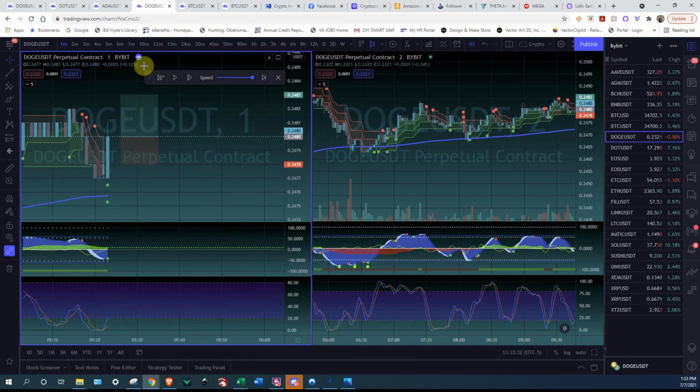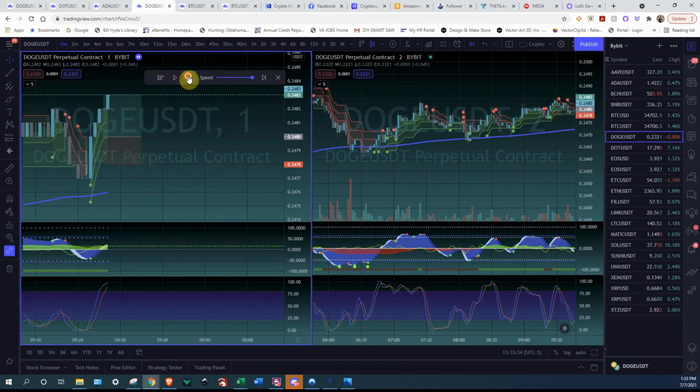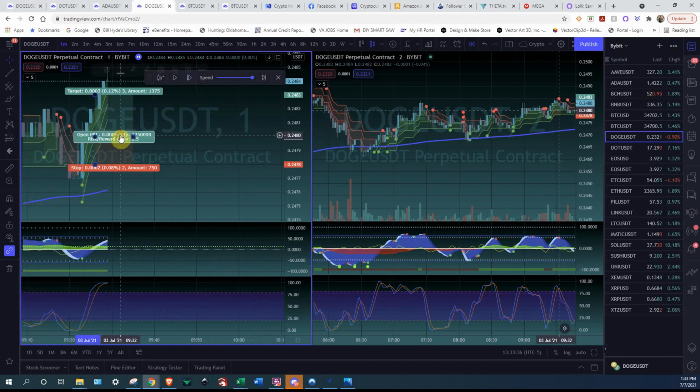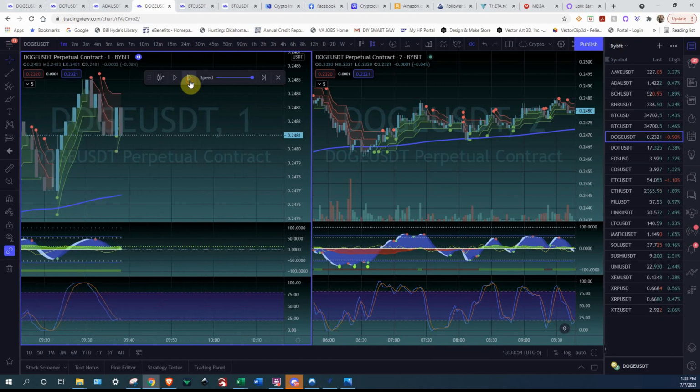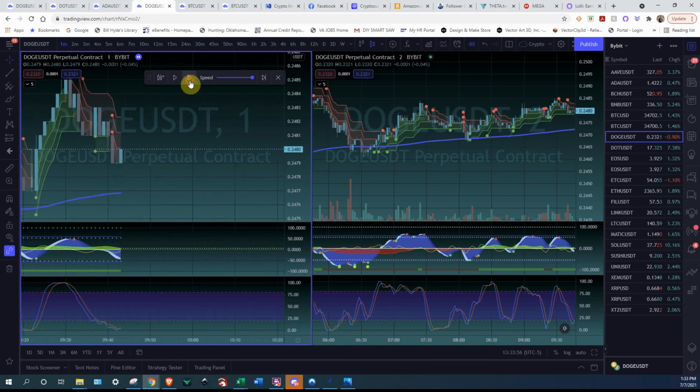There we go. 1.5. All right, let's see what happens. And it would have been a winning trade. So as you can see, my rule set sometimes costs me a winning trade because I wouldn't have entered based on the rule set that I have. So again, not a perfect strategy, but that's kind of what's going on here.